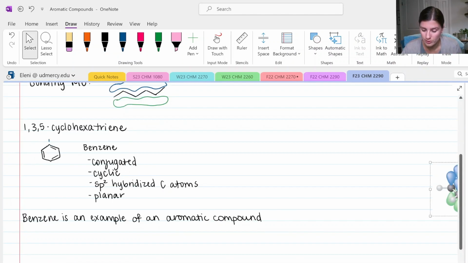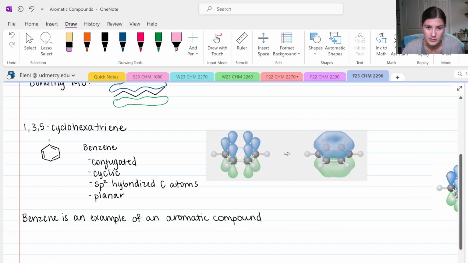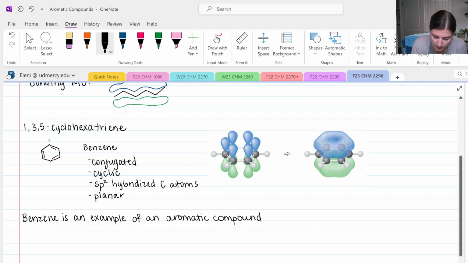I have an image over here that helps us visualize the p orbitals in benzene. The benzene molecule is drawn kind of flat. You can't really see the back carbons, but this is a 6-membered ring. Each carbon atom has an unhybridized p orbital.